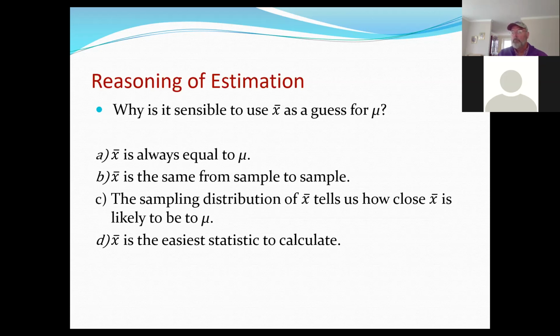No. Okay. The sampling distribution of X bar tells us how close X bar might be to the value of the population mean mu. Yes. X bar is the easiest statistic to calculate. That's more funny than it is serious.